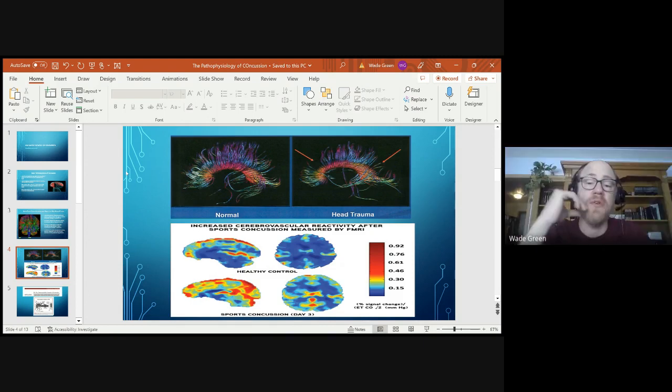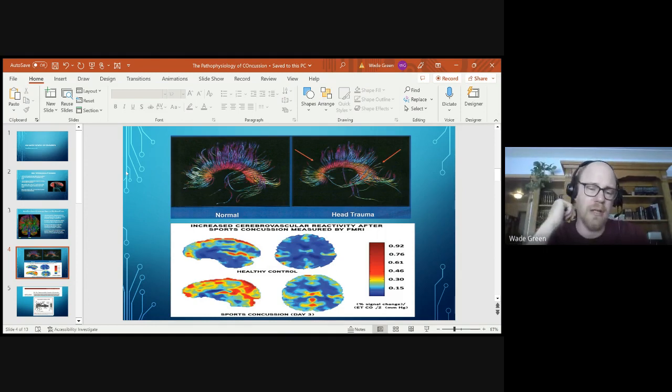So definite changes. And this is a study called diffuse tensor imaging, or DTI. This is not something that's actually readily available in your standard hospital or medical center.